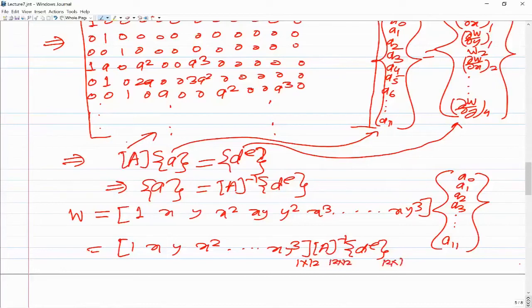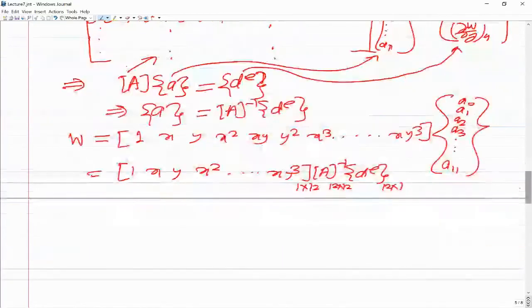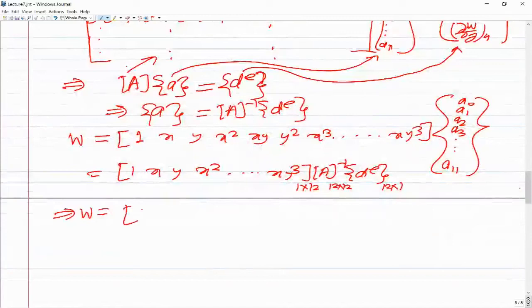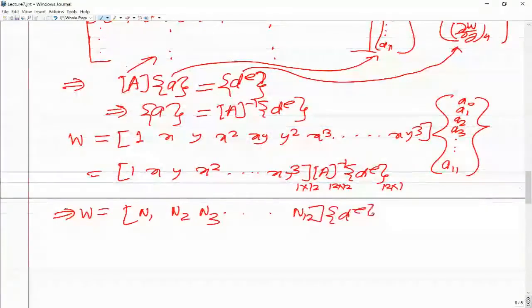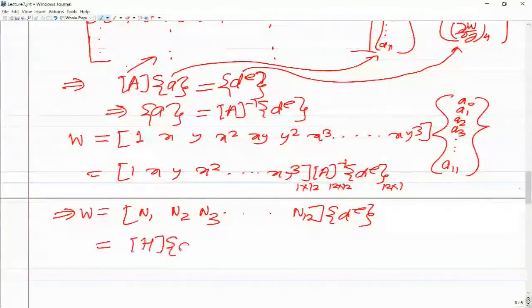So finally the shape functions would be a row vector with 12 columns. So you can say that W would be equal to N1, N2, N3, and so on up to N12, into de. So we call this the interpolation matrix. So this is H into de.